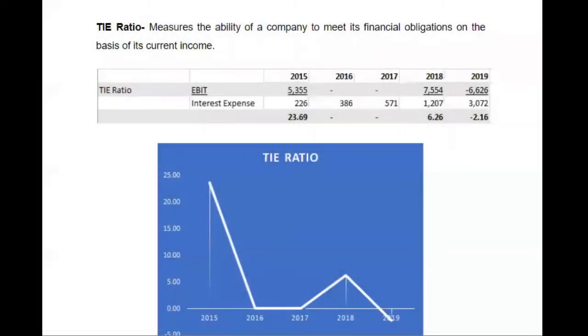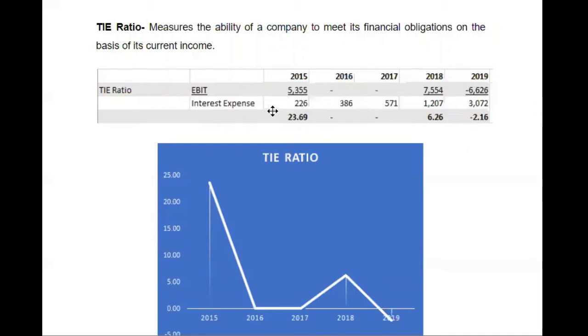TIE ratio measures the ability of a company to meet its financial obligations on the basis of its current income. To get the TIE ratio, we're going to use the formula EBIT over interest expense. EBIT stands for earnings before interest and taxes. In 2015, 5,355 is the EBIT, 7,554 in 2018, negative 6,626 in 2019.